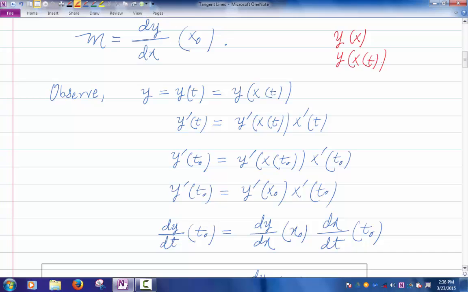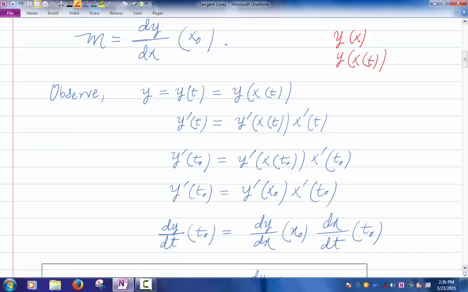But if you take the derivative of y with respect to t on the right hand side, you have to apply the chain rule. So what do you get? You get y prime of x of t multiplied by x prime of t, right? Is everybody okay? Is it making sense?